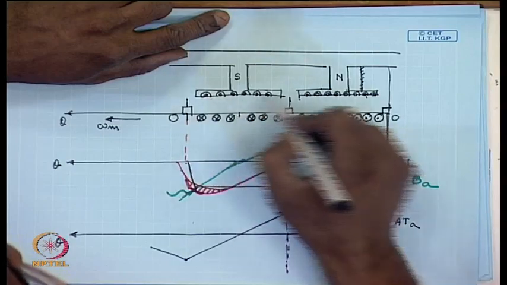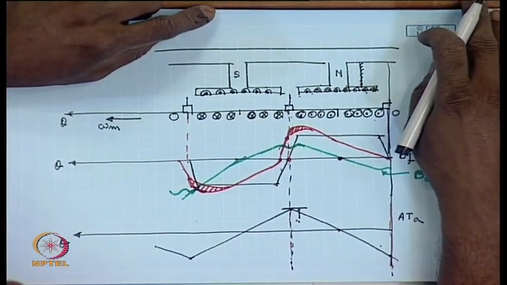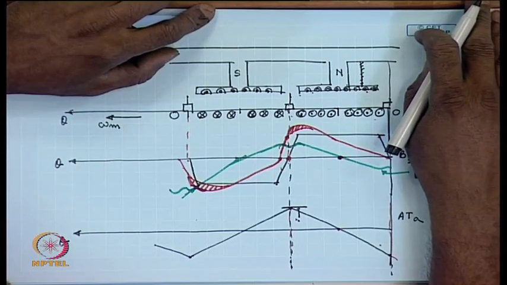This is called the compensating winding. It is a pole face winding which carries a current which is proportional to the armature current.